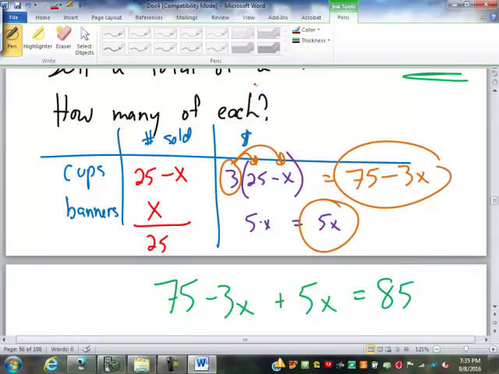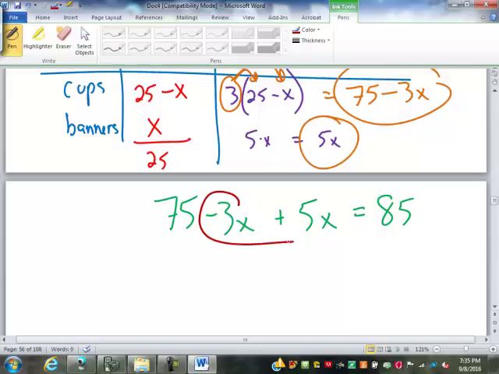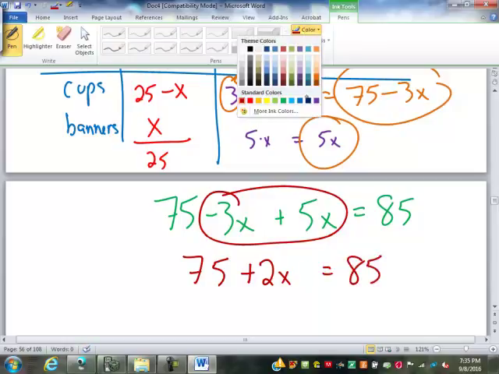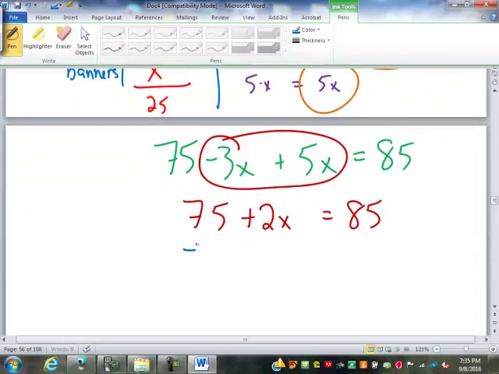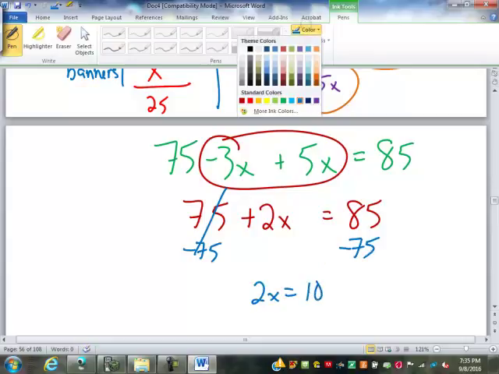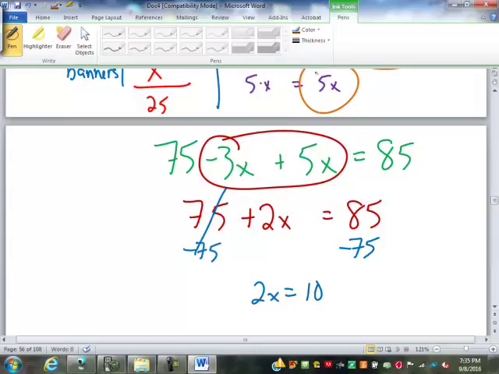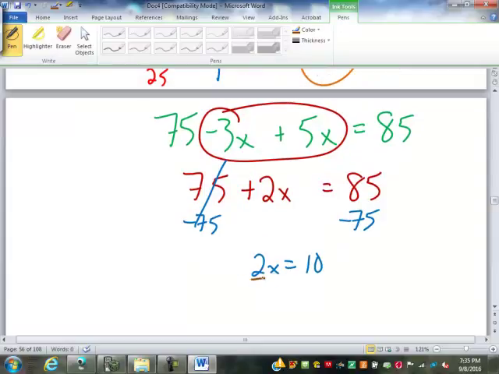Now what? We combine the X's. Negative 3 and positive 5 make positive 2X. Then what? Subtract 75. So 2X equals 10. And then divide by 2. X equals 5.